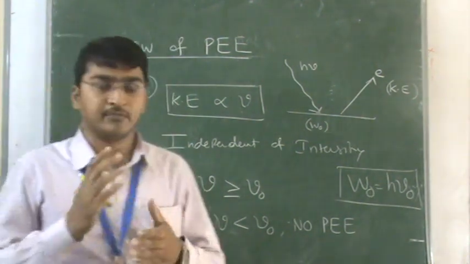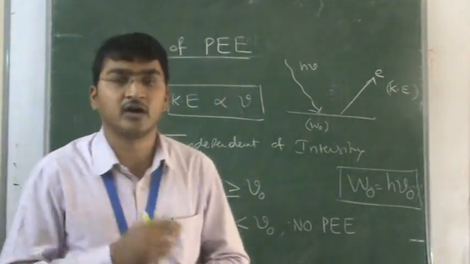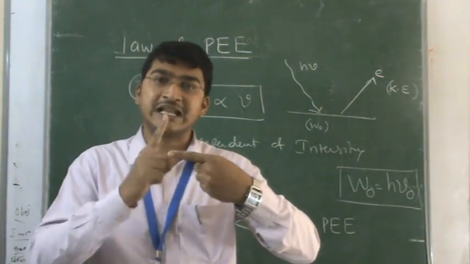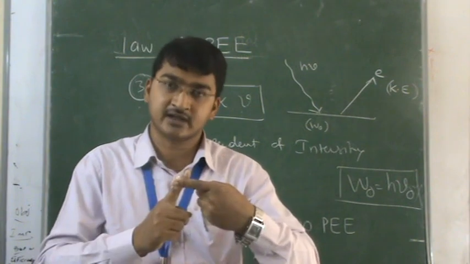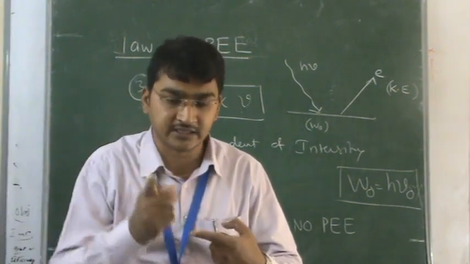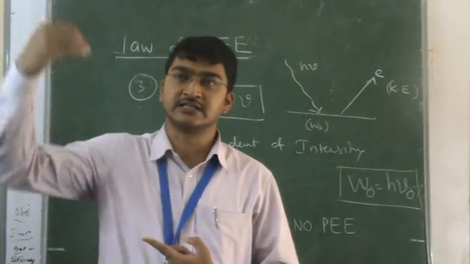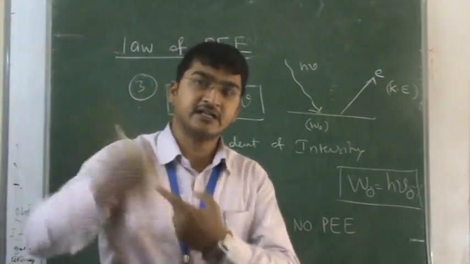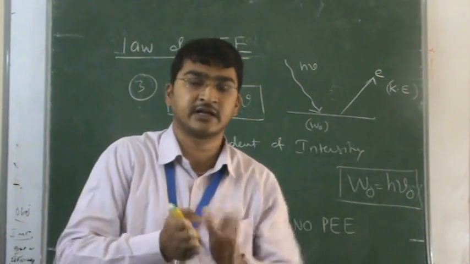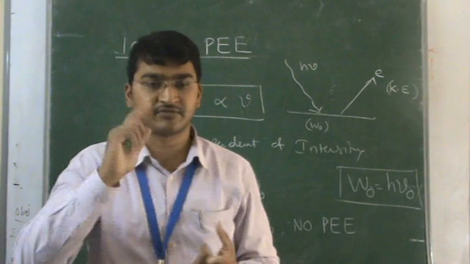Once again, I'm repeating the photoelectric laws. What is the first law? There is no delay in the ejection of electrons from the metal surface when light is incident on it. As soon as the light is incident on the metal surface, electrons will eject, so there is no time lag. That is the first one.